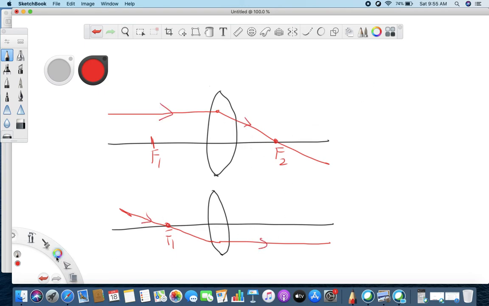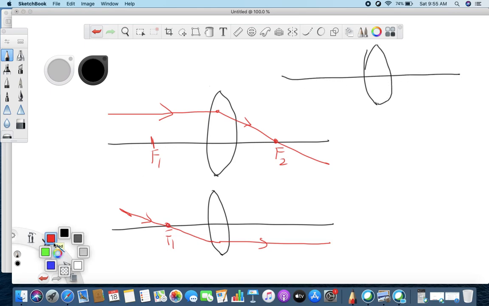The third rule tells you, this is your principal axis. If a ray passes through optical center O, there should be no refraction. Understand? There should be no refraction.